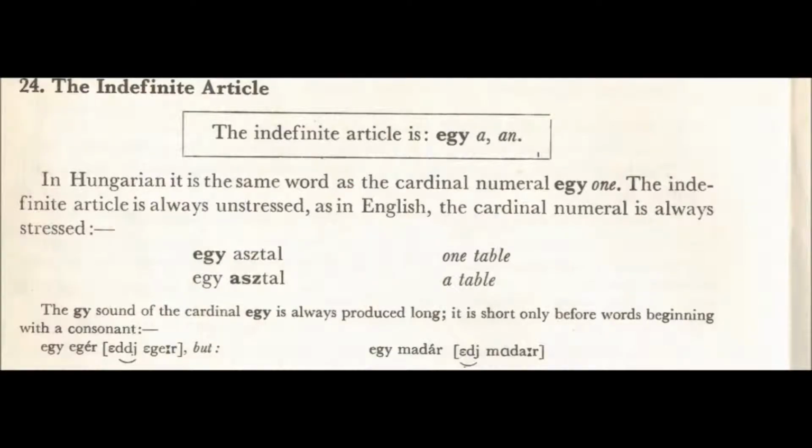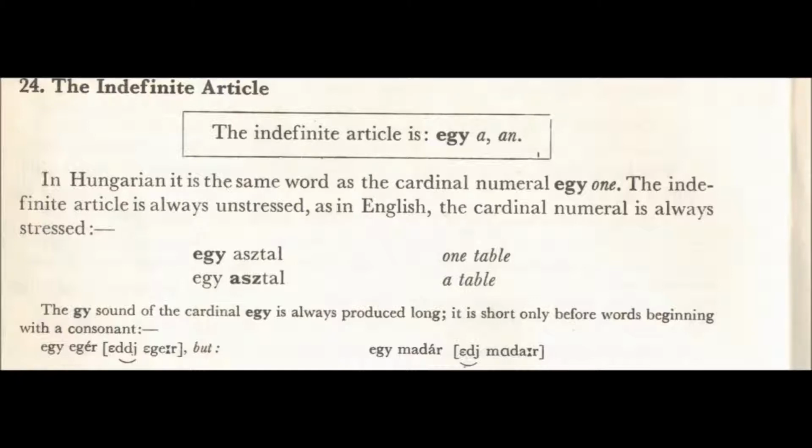Page 64. They explain how to use the indefinite article. It's used less frequently than in English. Egy asztal, one table. In English you would say a table also. There is no difference in Hungarian other than that they don't use the indefinite article for most of the time.